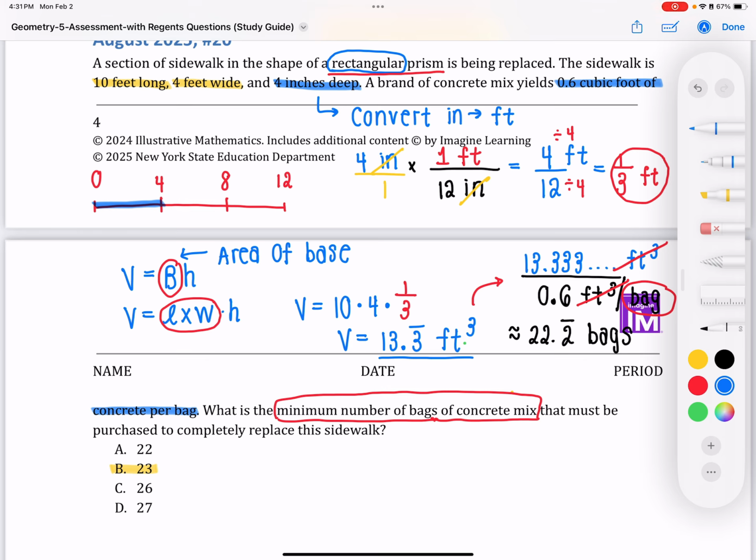So this kind of ignores the rounding rules. We must round up despite the decimal not being 5 or greater, so that we can have enough concrete mix. So the final answer is 23 bags of concrete mix.